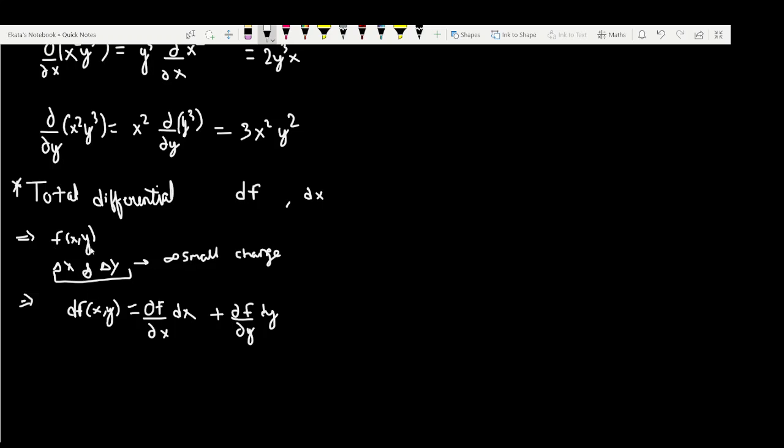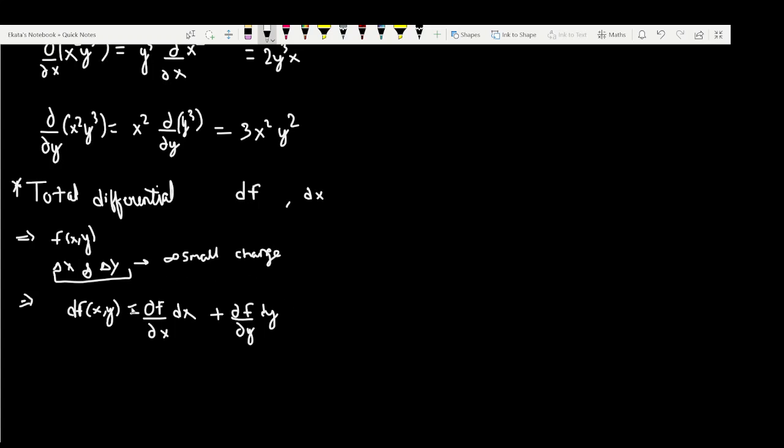So f of x y will generally also change, but by a very small amount. This is what is known as the total differential, defining the very small change in the function df of x y in the form of this expression.